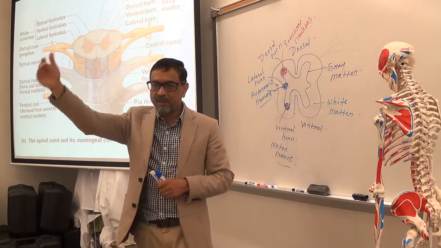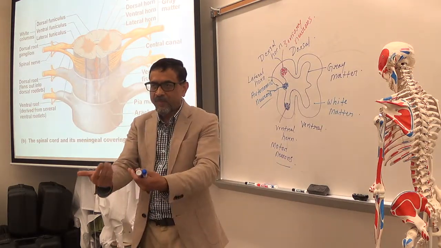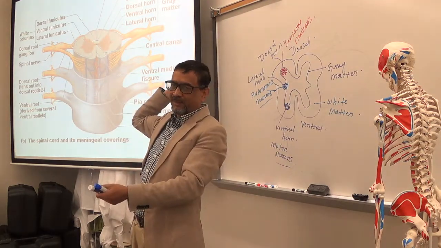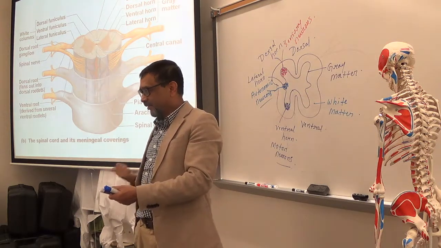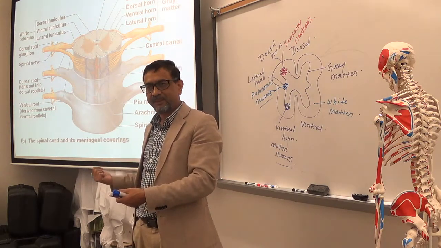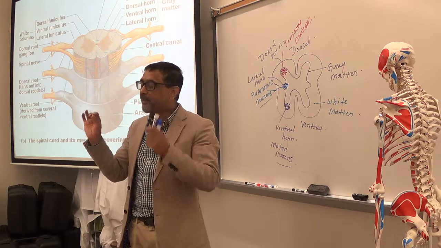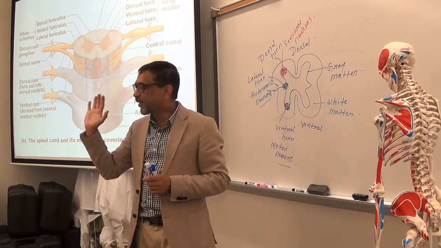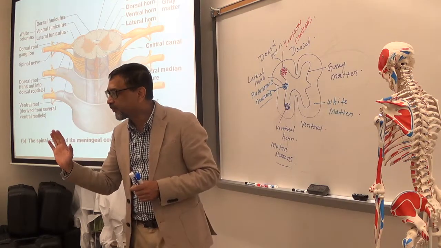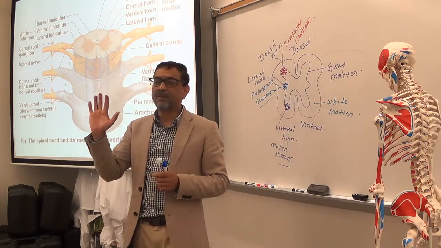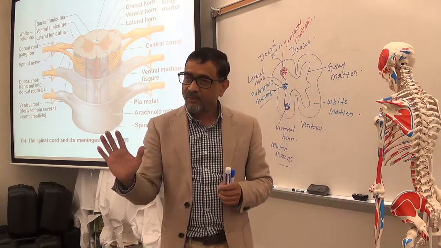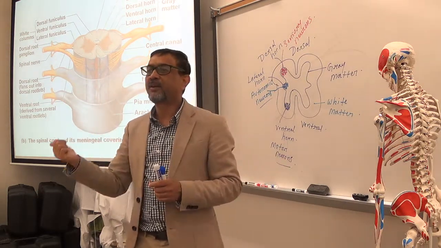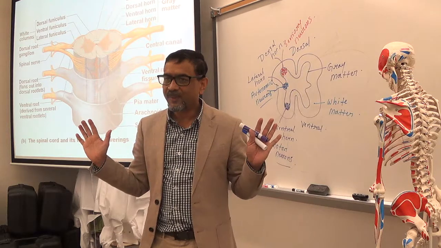Three. Ventral horn in the front, dorsal horn in the back, and lateral horn. Is it clear? And in the three horns, you have three types of neurons. In the ventral horn, you have what kind of neurons? Motor. In the dorsal horn, sensory neurons. And in the lateral horn, autonomic neurons. Is it clear?